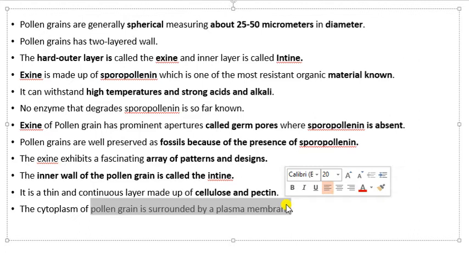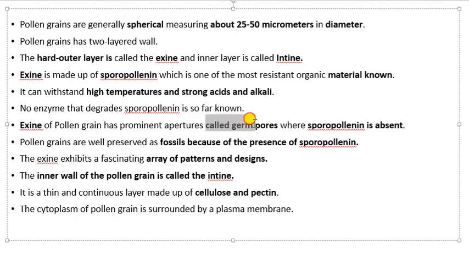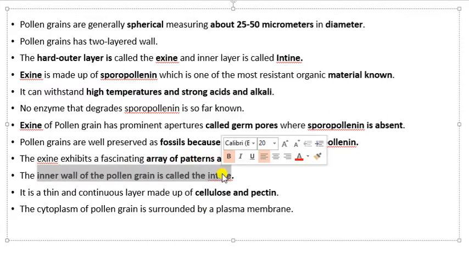Exine has prominent apertures where sporopollenin is absent, known as germ pores, and due to sporopollenin, pollen grains are well preserved as fossils. Intine is made up of cellulose and pectin, and it is the inner layer of the pollen grain, and the cytoplasm of the pollen grain is surrounded by a plasma membrane.